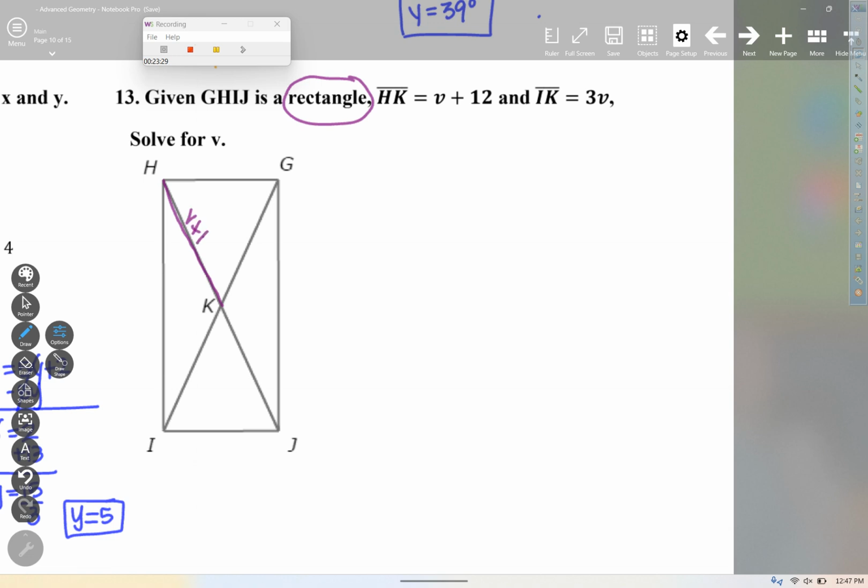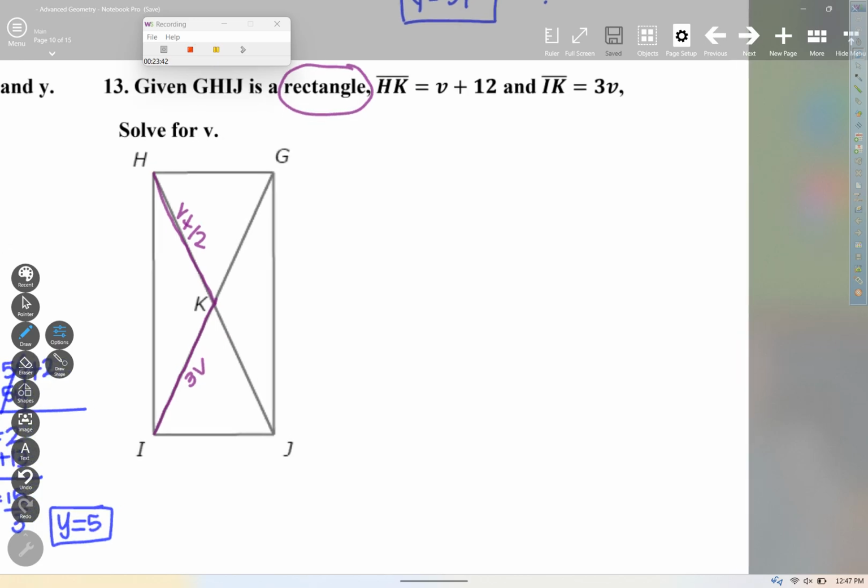Okay, and then I to K is 3V. It's a rectangle, and we're talking about diagonals. What do we know about the diagonals of a rectangle? That they all bisect each other.